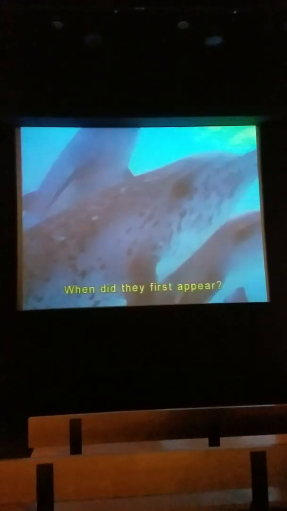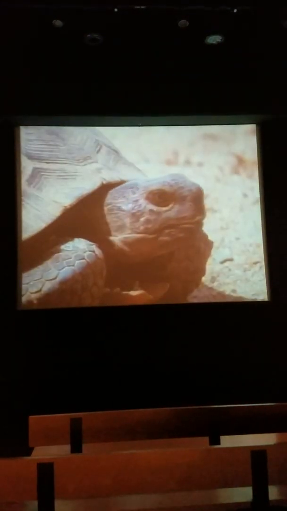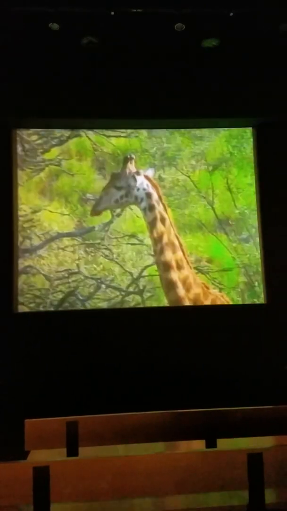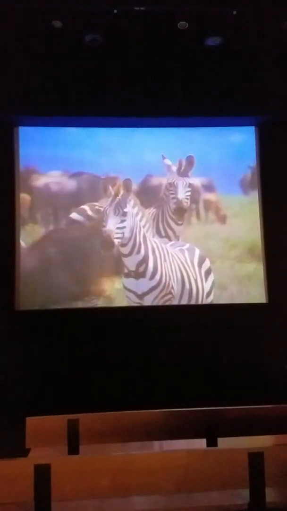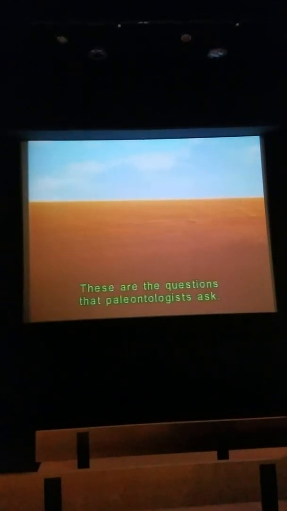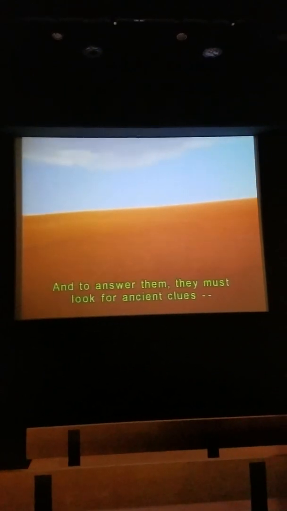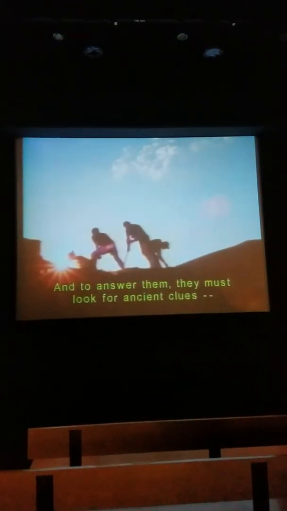When did they first appear? And how are they related to one another? These are the questions that paleontologists ask. And to answer them, they must look for ancient clues.